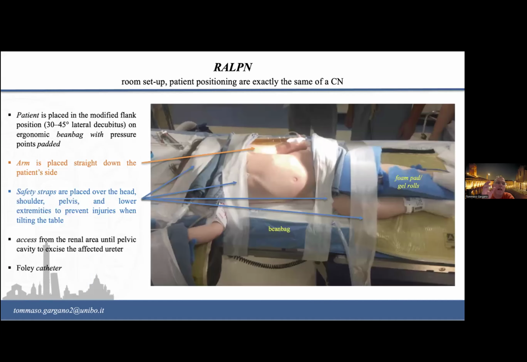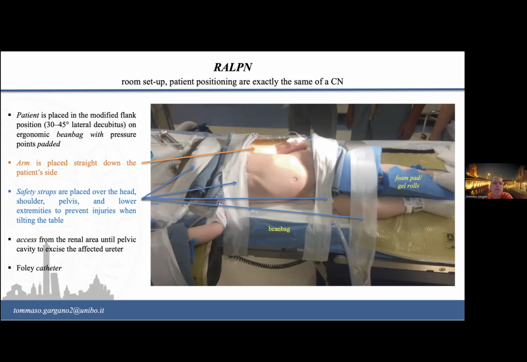Regarding the preoperative technical aspects, the room setup and the patient positioning are exactly the same as for a complete nephrectomy. In particular, the patient is placed in the modified flank position, 30-45 degrees lateral decubitus, on an ergonomic bean bag, desufflated and then insufflated to cover the articulation, with padding on the pressure points.